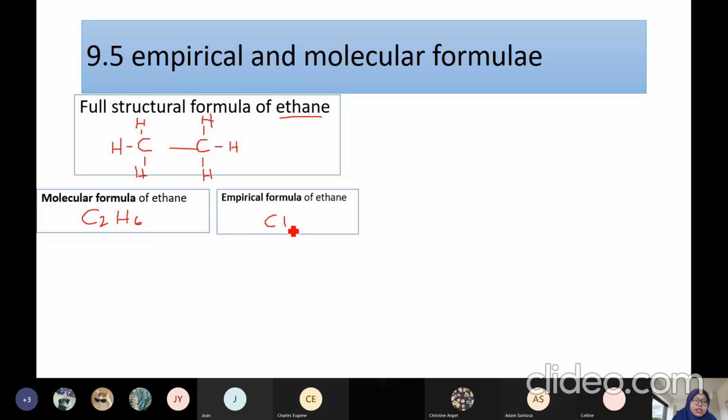The empirical formula of ethane is CH3. Why CH3? For example, C2H6 consists of 2 carbons and 6 hydrogens.